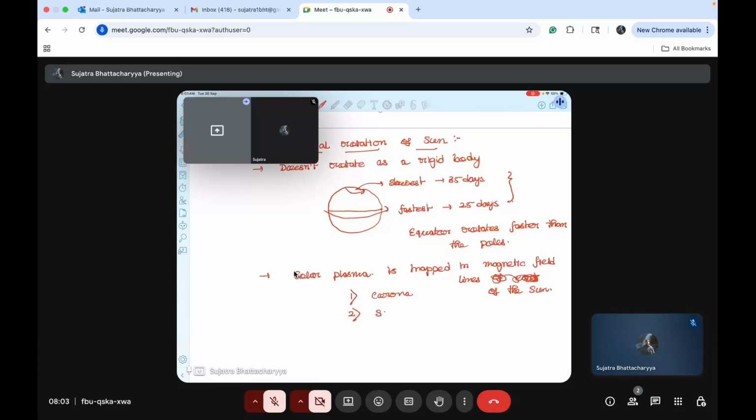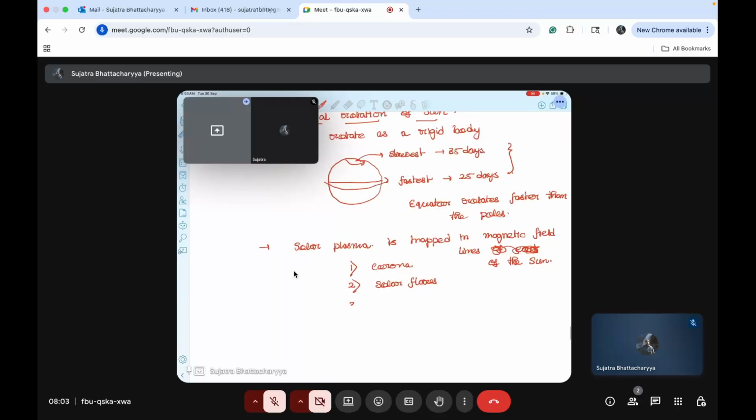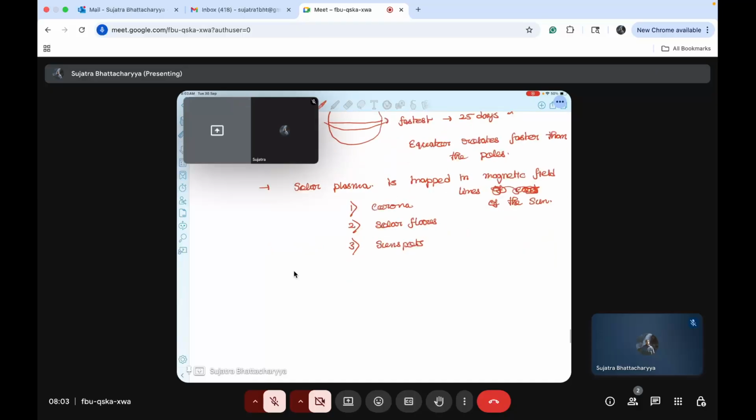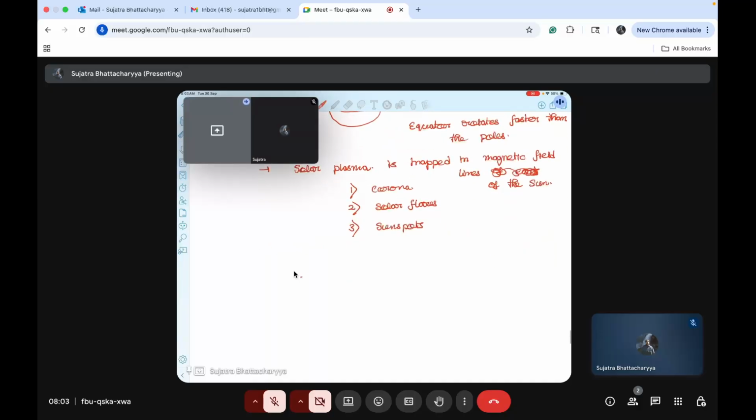Next is solar flares, and number three is sunspots. So how does it happen? Sunspots appear in pairs. From one sunspot to another, the magnetic field line tends to go. So these are the pair of sunspots.